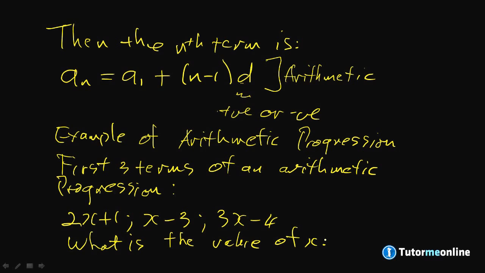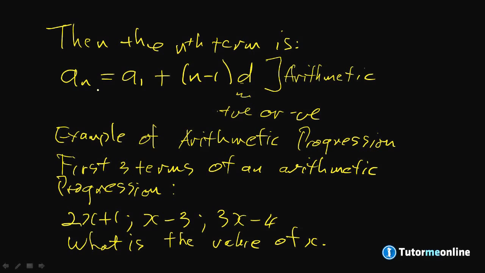So if we just look at this, we've been given the first three terms of the arithmetic progression as a function of x, and the first question by the examiner is, what is the value of x? Let us start to solve this problem.